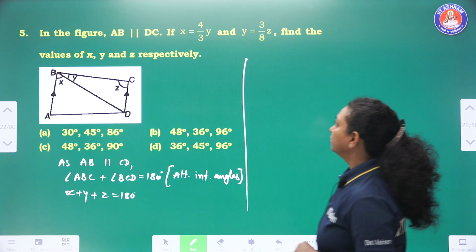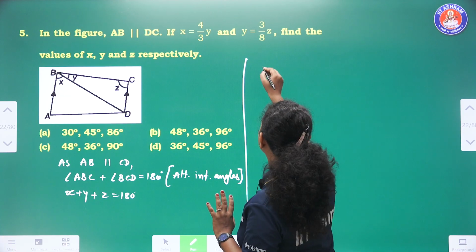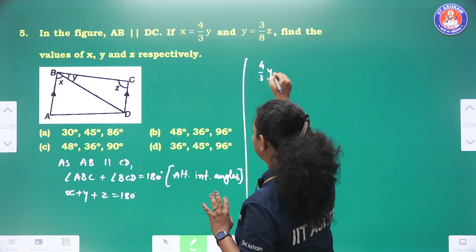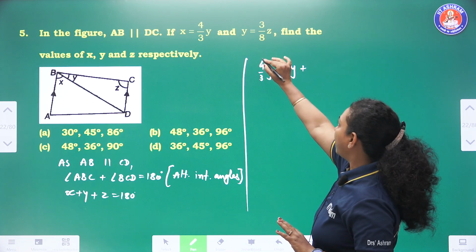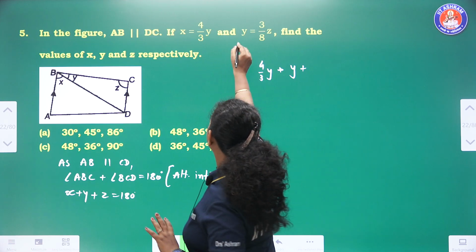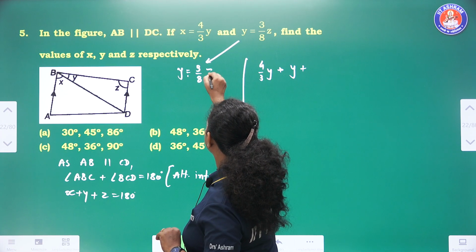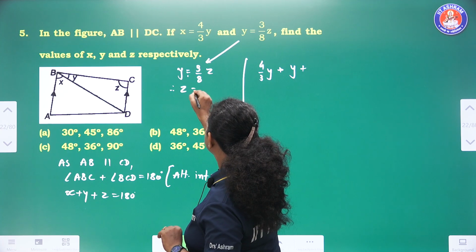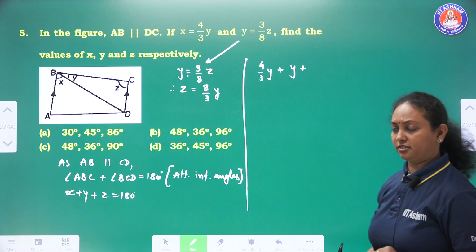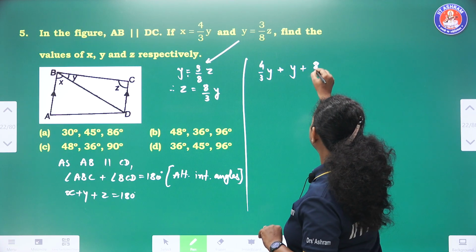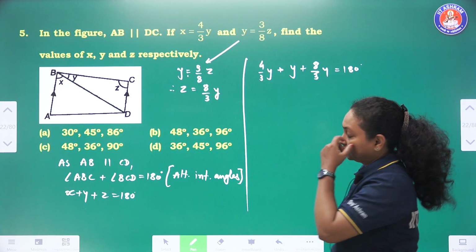What do we have to do? As we know that x is 4 by 3 of y, instead of x we can write 4 by 3 of y. Y remains as it is and y is equal to 3 by 8 of z. What is given? Y is equal to 3 by 8 of z. Therefore, z is equal to 8 upon 3 of y. So instead of z, we will write 8 by 3 of y. The sum is equal to 180 degree.